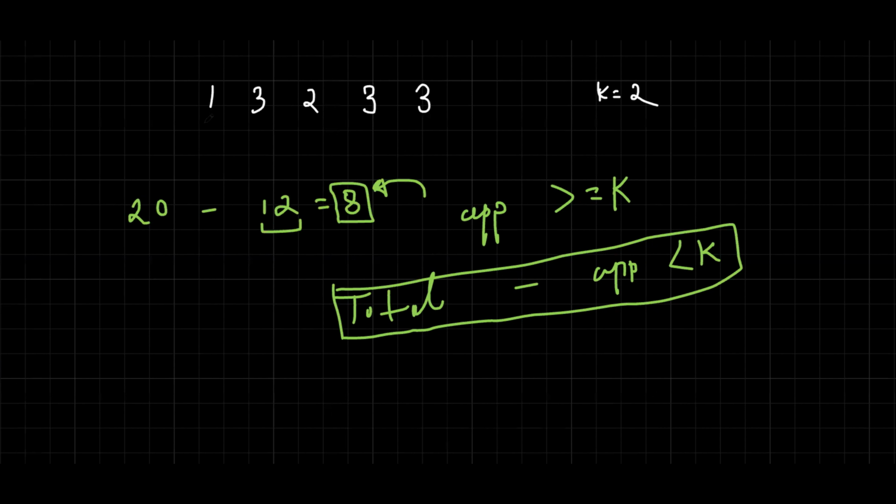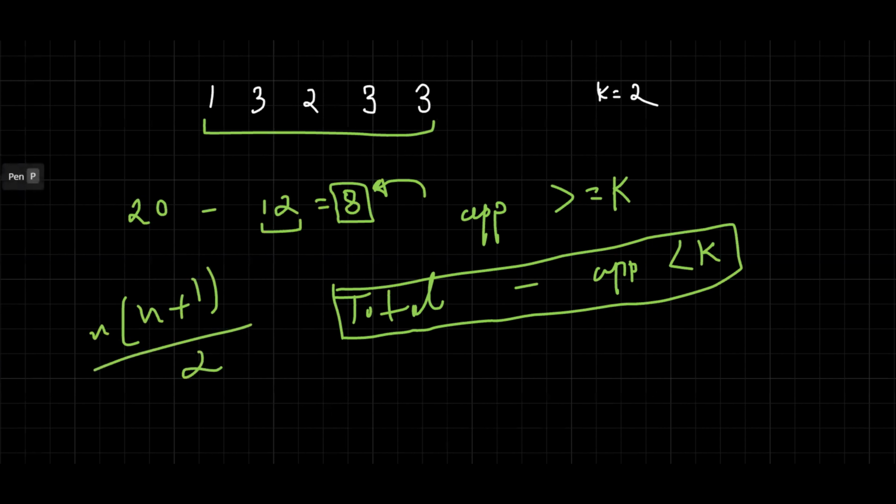And for an integer array of size n, the total number of subarrays will be n times n plus 1 divided by 2. So now we have to find the number of subarrays where the frequency of 3 is less than k, and we have to simply subtract this from the total number of subarrays.